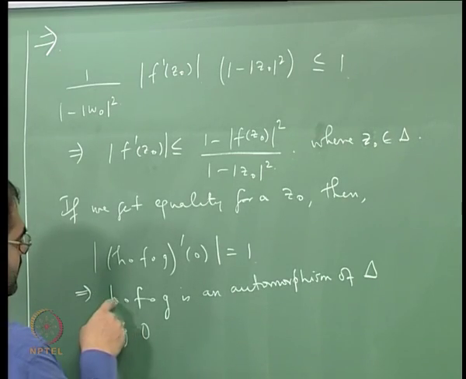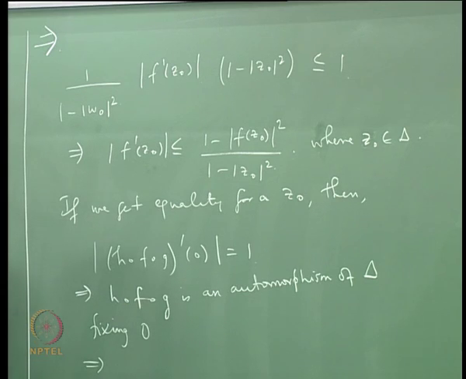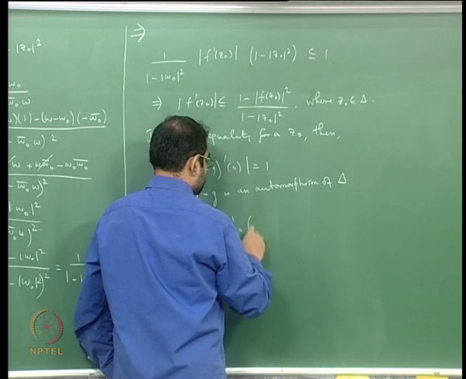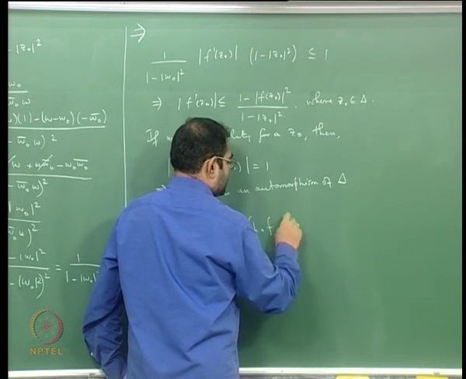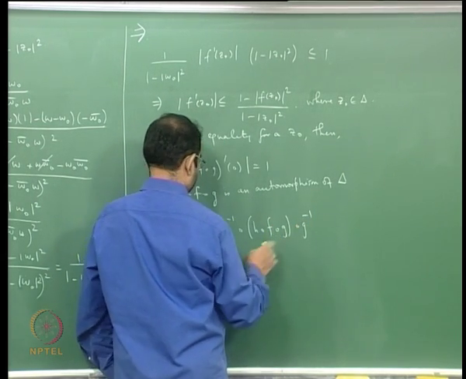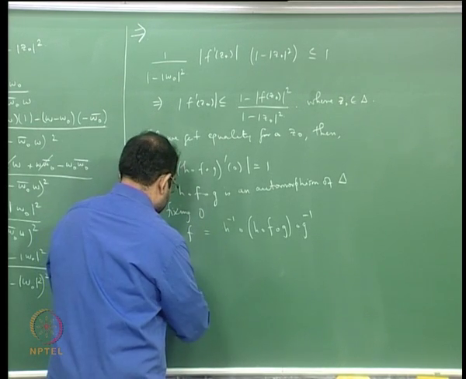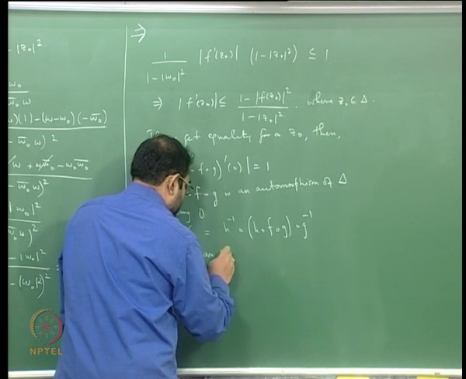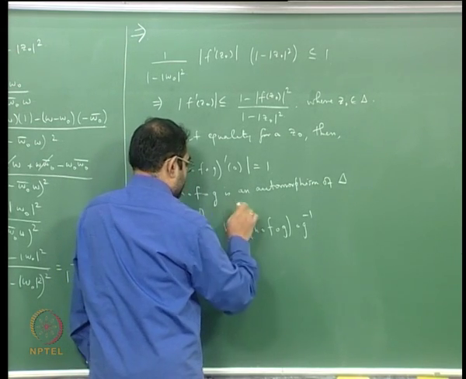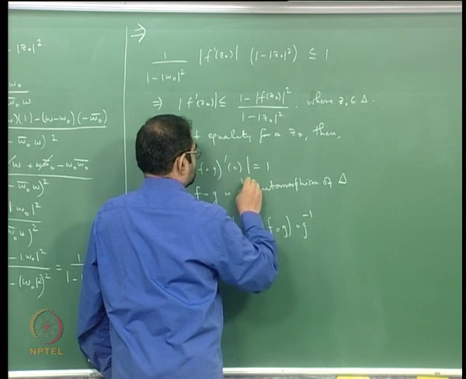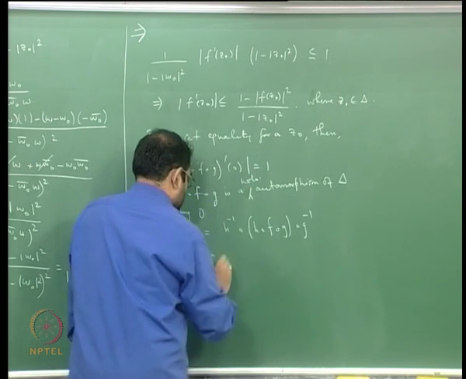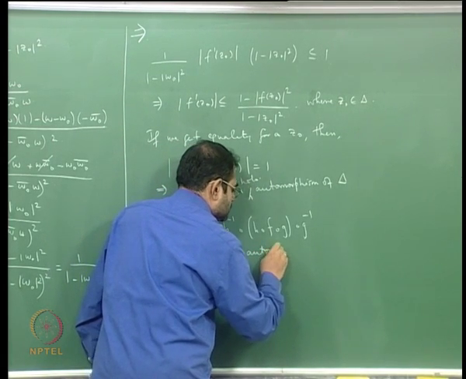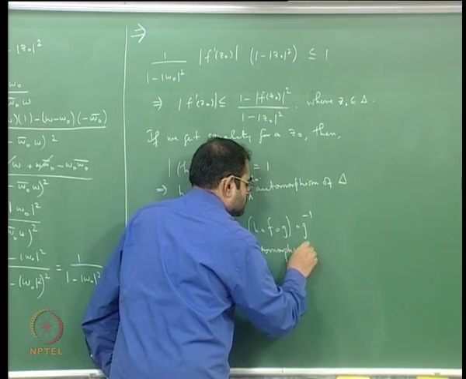And because h and g are also automorphisms, you will get that f, which is just h inverse composed with h circle f circle g composed with g inverse, is also an automorphism. Of course, when I say automorphism, I mean a holomorphic automorphism of delta.